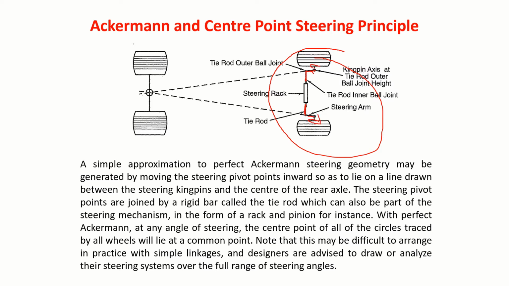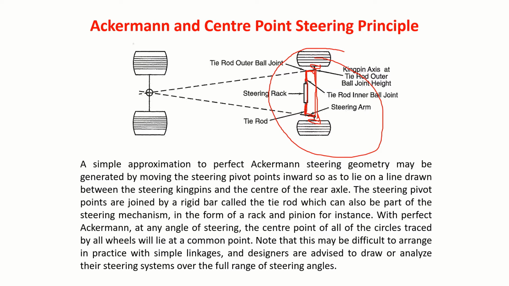You have the steering knuckle. Now, if I join these 2 points by an imaginary line, you see here this is a trapezium I'll get. So it's a trapezoidal geometry.